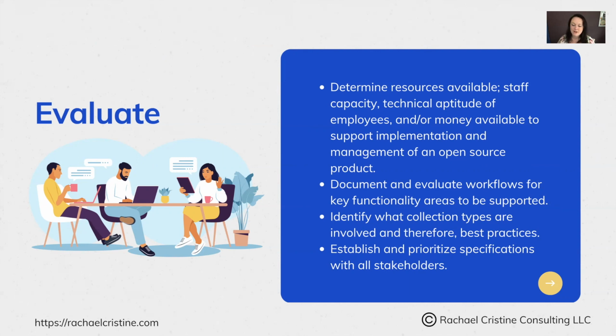Next would be to identify what collection types are involved and therefore the best practices. For example, if you are just working with an archives collection in that open source product and only archives, don't need to worry about anything else, then you only need to worry about the archives best practices. And so you may want to see Dublin Core fields supported, and that also support describing archives, a content standard, DACS, supporting DACS best practices.